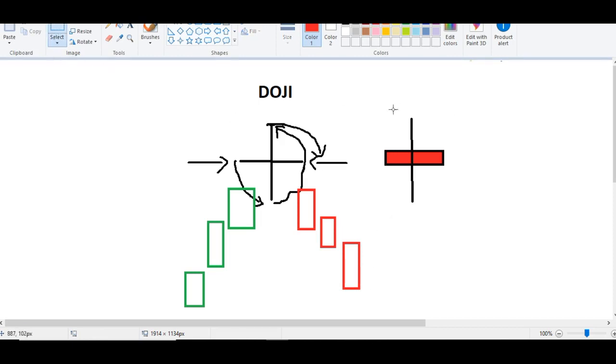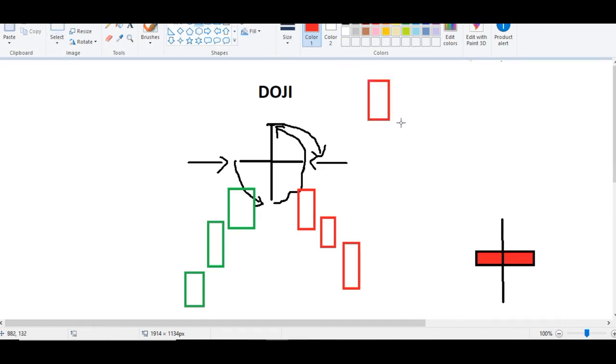The same thing can happen in a downtrend. Let's say price is going down, going down, going down like this, and all of a sudden, at the bottom of the trend, you see a doji pattern like this. What is it saying? It's giving a big alert, saying price may reverse from here.